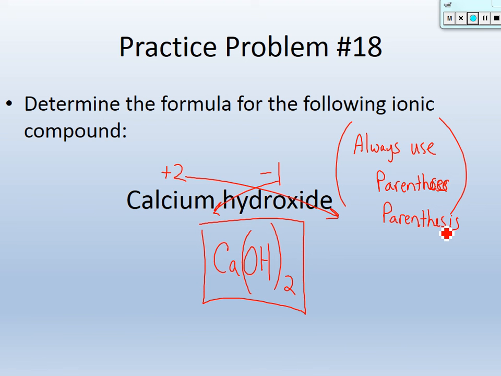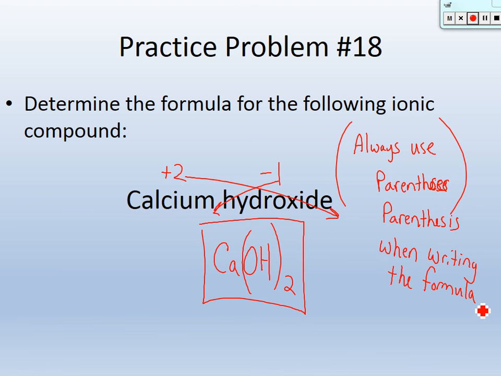Put parentheses around that. Put that on your polyatomic ion table. Guys, whenever you're doing the formula, always use parentheses when writing the formula. Okay.